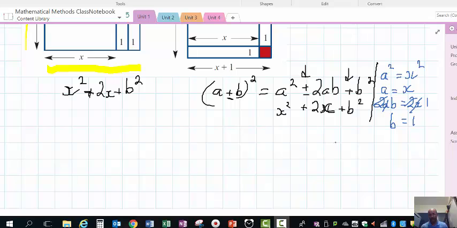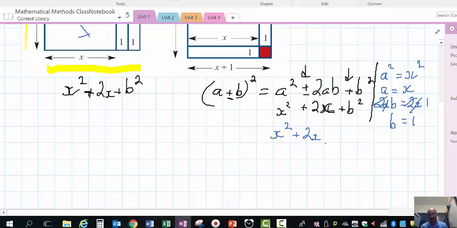So a perfect square, if we put all those together, instead of a squared plus 2ab plus b squared, we could write it as x squared plus 2x, which is what we had on the diagram over here before, plus 1 would be a perfect square. a squared plus 2ab plus b squared is a plus b all squared, so following that same pattern, it'd be x plus 1 all squared.